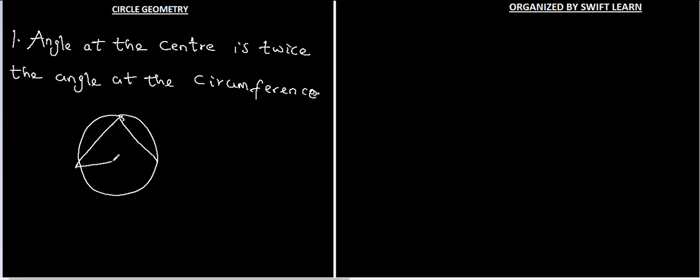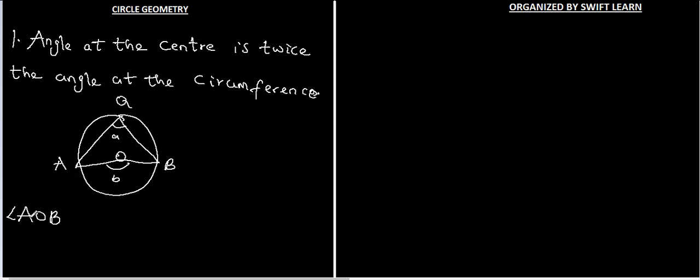Remember talking about circle geometry. Let's say here is an angle B and here is an angle A. Then it's given as A, this is O, signifying the center, this is B, and maybe this is given as, let's say, Q. So what they're trying to tell us is that the angle at this B is twice the angle at A. So I can say angle AOB, something like this.